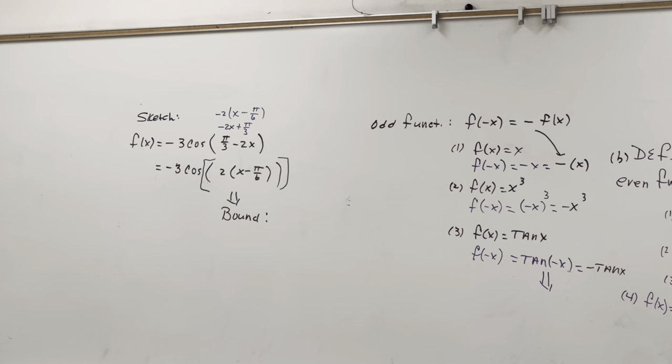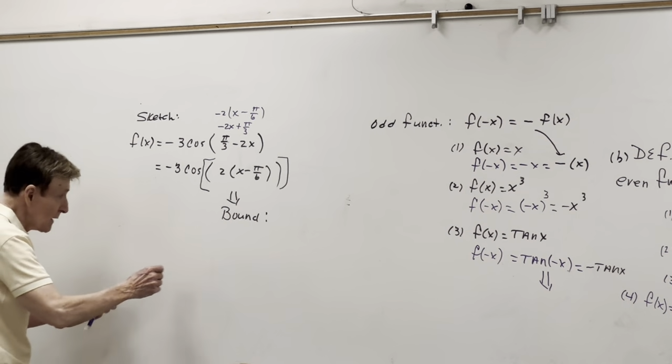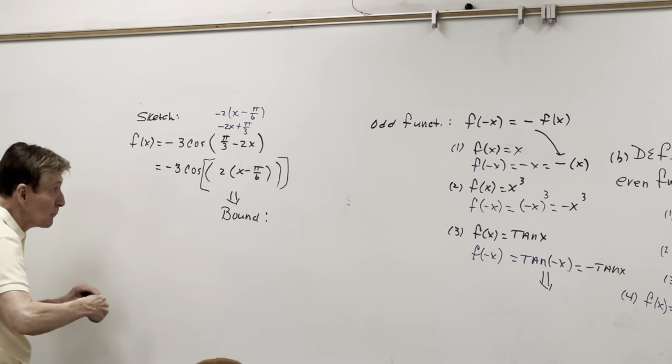Pi over 2 to 5 pi over 2? No, I don't think so, the parent graph for cosine. I think we started at 0 and went out to where? 2 pi. I want this one to do the same thing. Watch carefully.